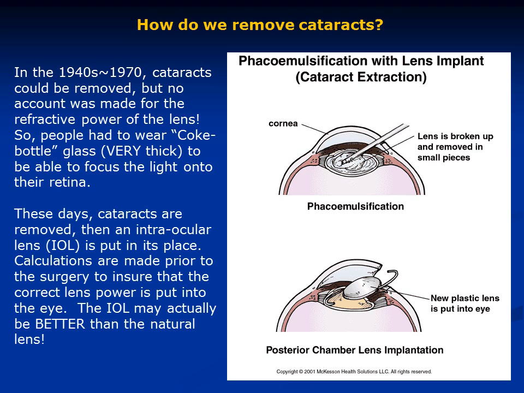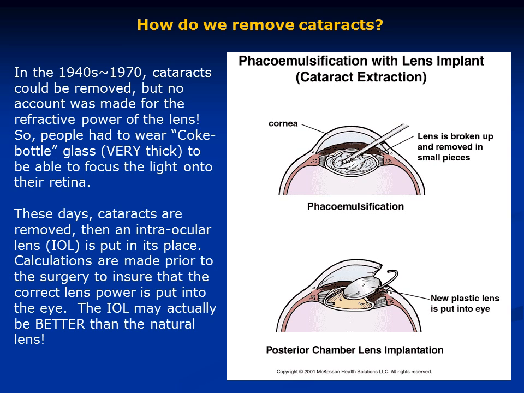These days, of course, you've got a couple of techniques. You put in this IOL. You go through a pre-operative workup where we calculate your lens power, the length of your eyeball, the thickness of your cornea, all sorts of things that go into calculating exactly what the best lens power would be to put inside your eye.